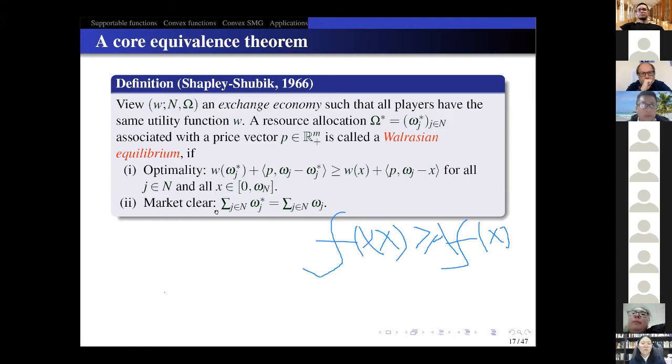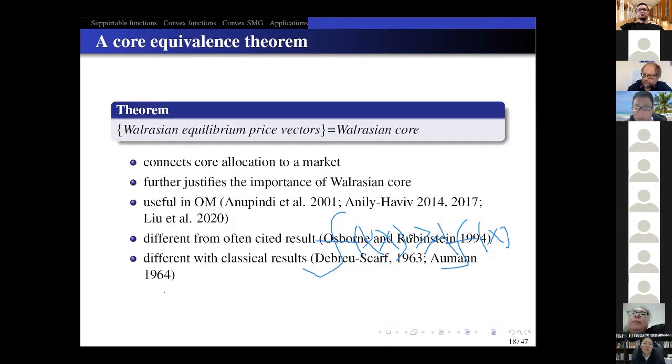And also we have this market clear condition.